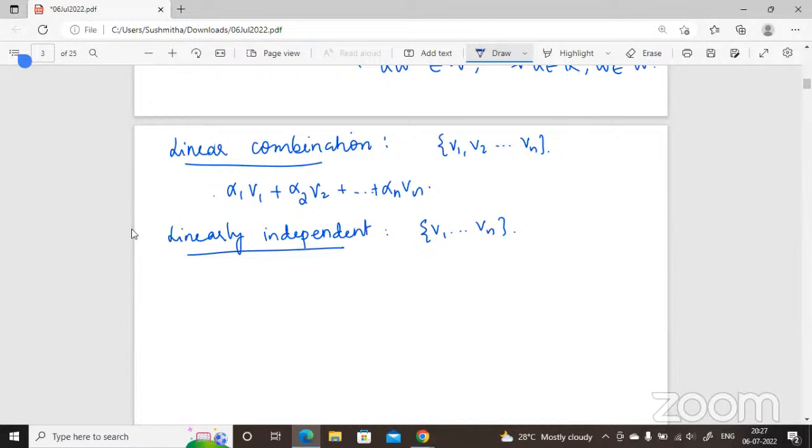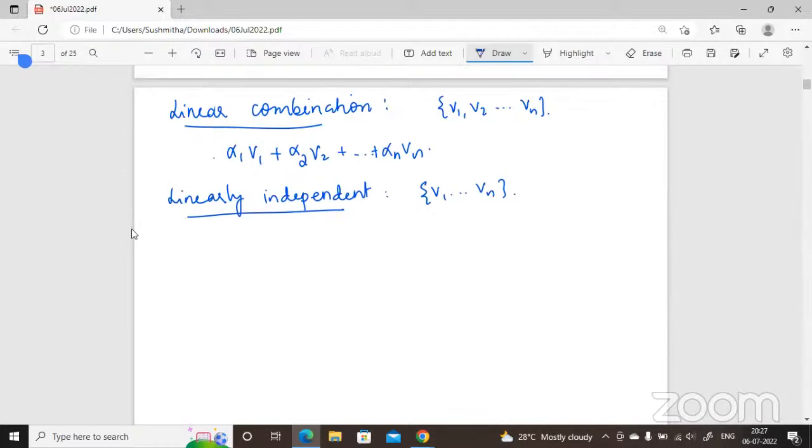Right. So as you all said, linearly independent means that no vector in this set can be written as a linear combination of the other vectors in this set. Then you say that this set is linearly independent. How we put it down mathematically is, we write 0 as a linear combination of these vectors.